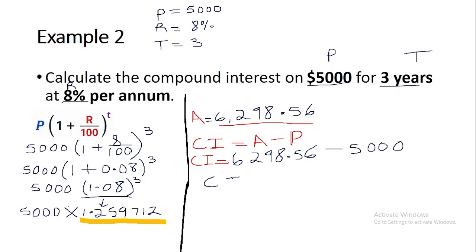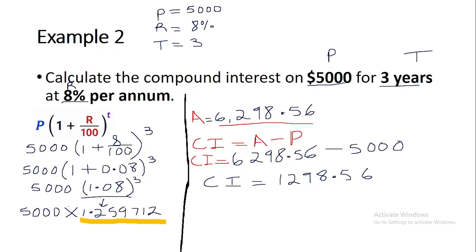So that CI now is going to be equal to 1,298.56.